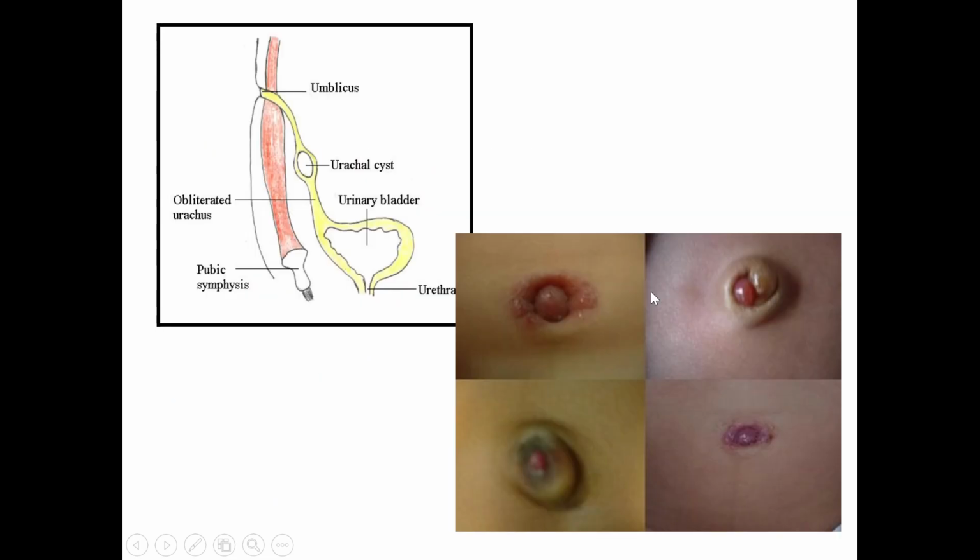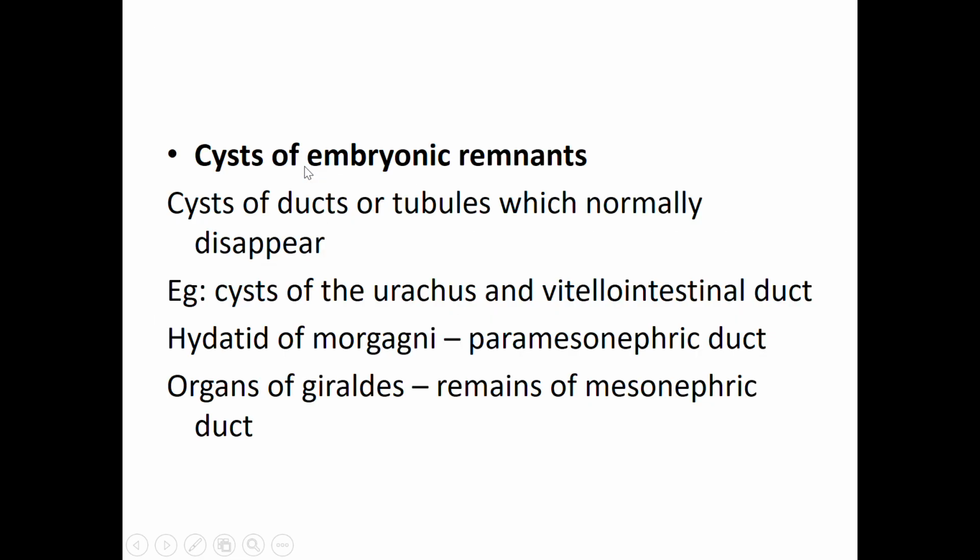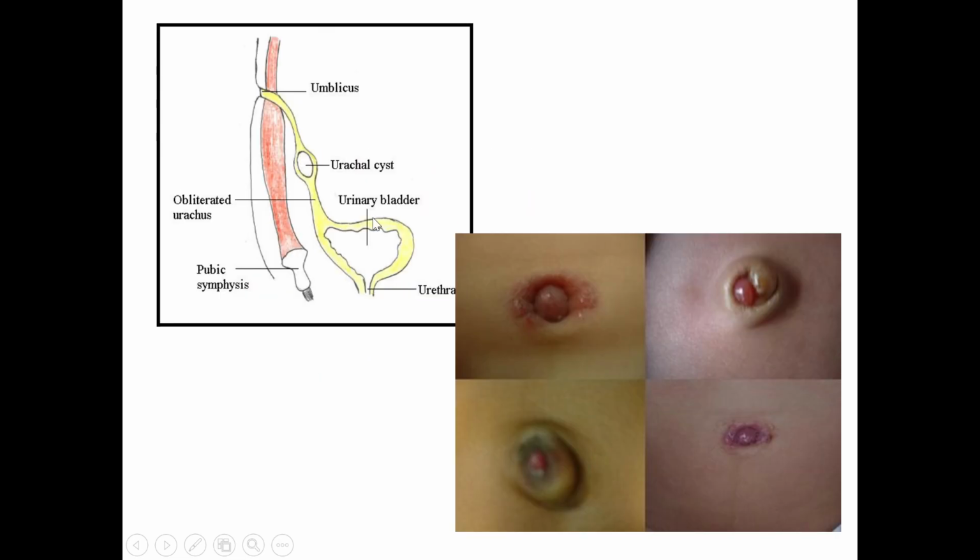Now, if you see the urachal cyst here, this is the picture. Now we saw that this particular urachus is the fibrous remnant of the allantois. Now allantois helps drain the urinary bladder of an embryo, or an infant in the uterus.